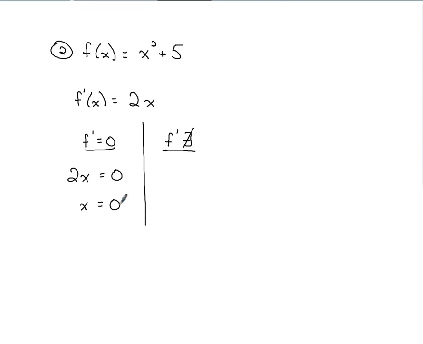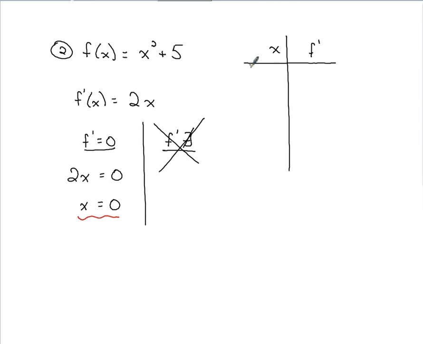But the does-not-exist side we can take out because, long story short, this is not a fraction. We're not dividing by something that has an x in it, so there's no denominator to consider. We've got the one critical number to work with, and that critical number is 0. So I set up my 1-to-1 chart off of that. Columns consist of an x column and a derivative column.